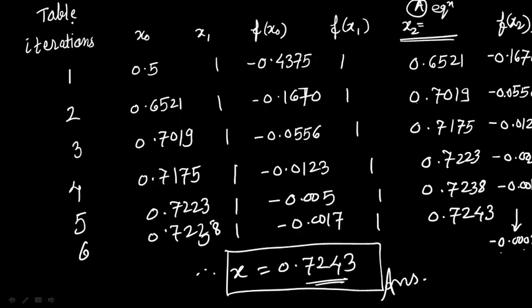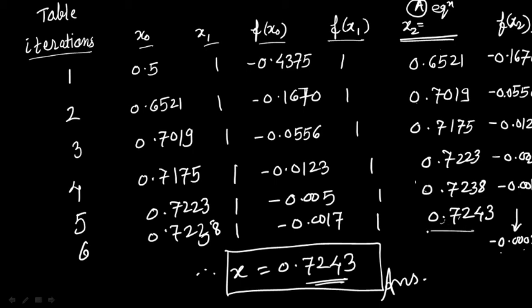Here in the table: iteration, number of iterations, x0, x1, f of x0, f of x1, x2 by using the formula, and f of x2. We substitute all these values and here we observe the difference between these two values is less than 0.0005.